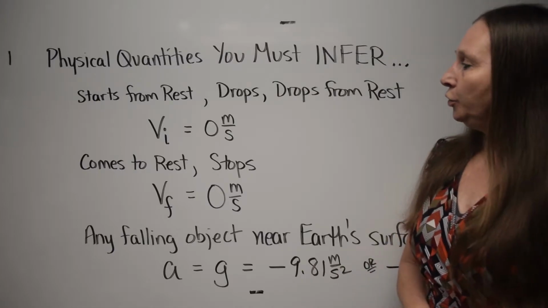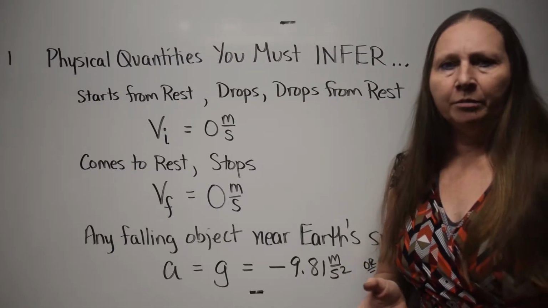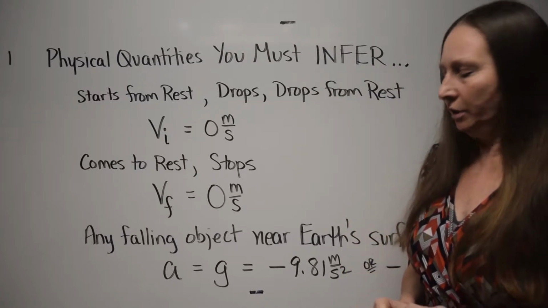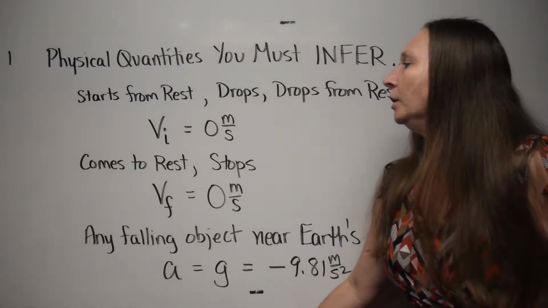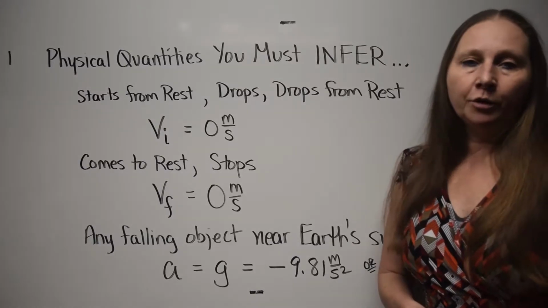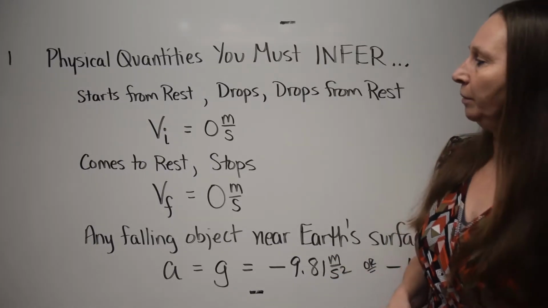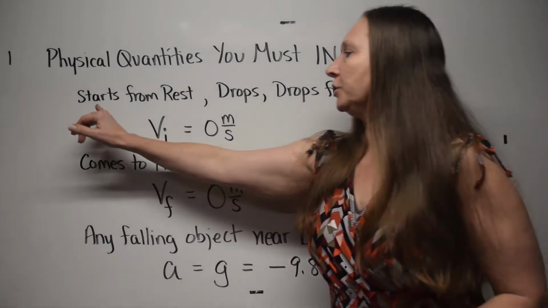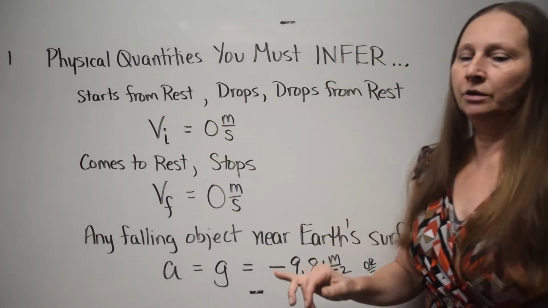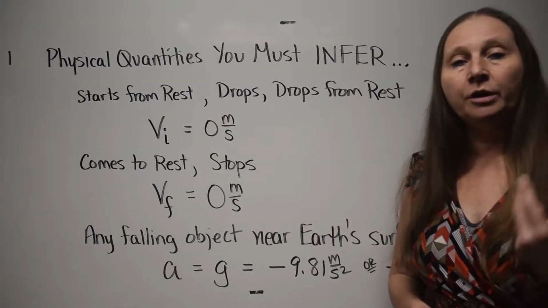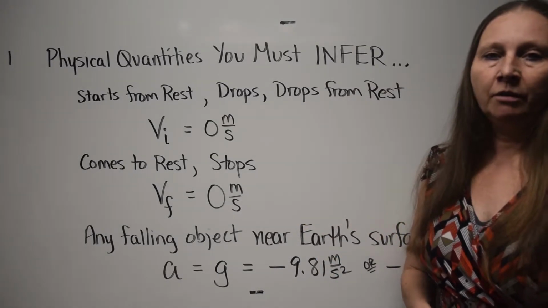Sometimes you start a problem and you say to yourself, wait a second, I don't have enough numbers to solve this problem. Well, there are numbers that are hidden in the words in the problem. If the problem says starts from rest or drops from rest, you know that the initial velocity is 0. Watch.